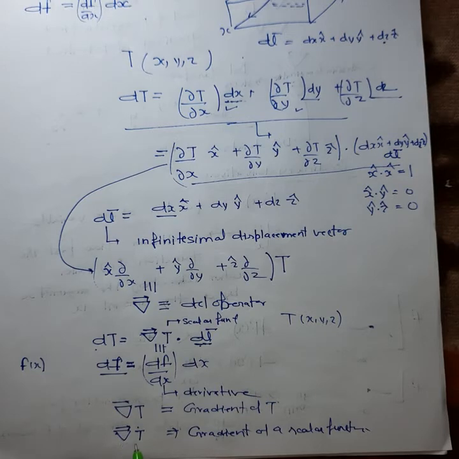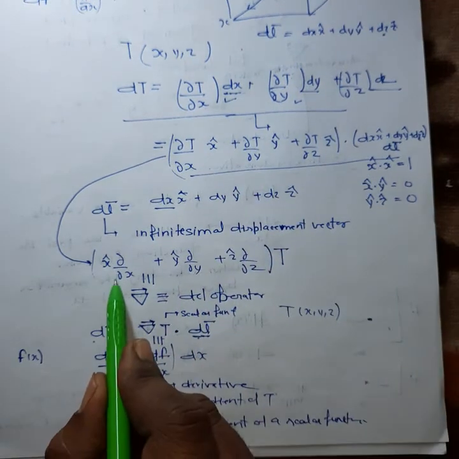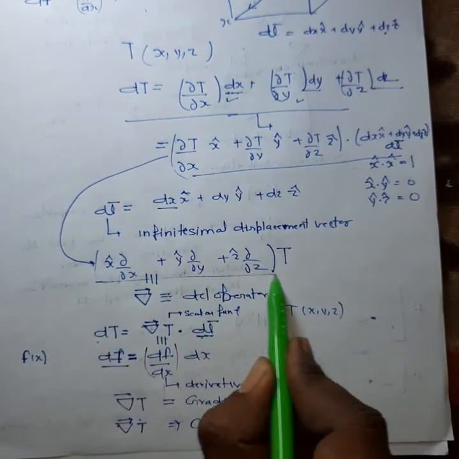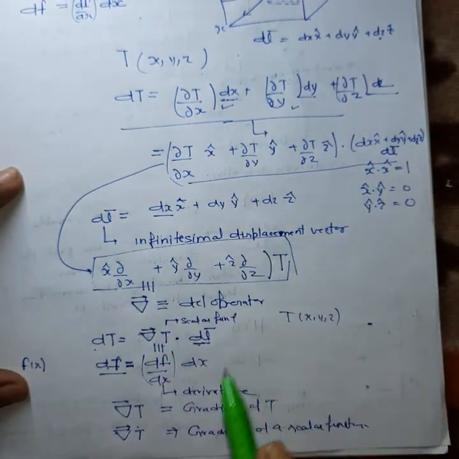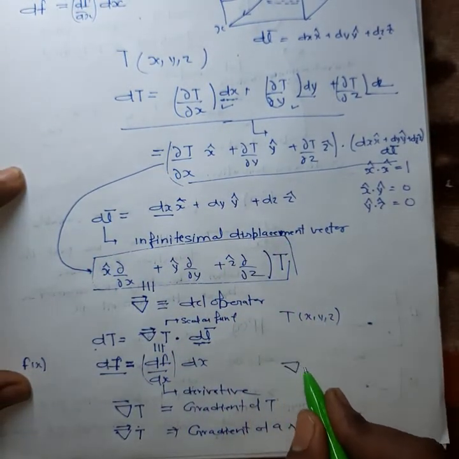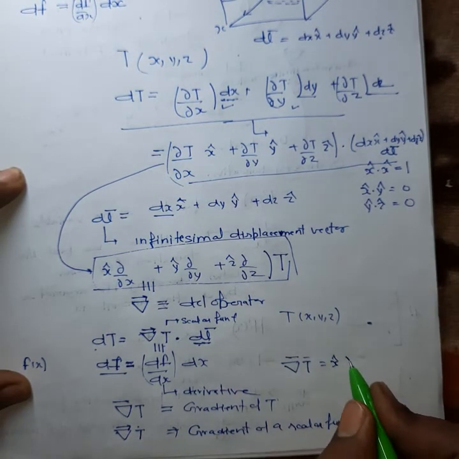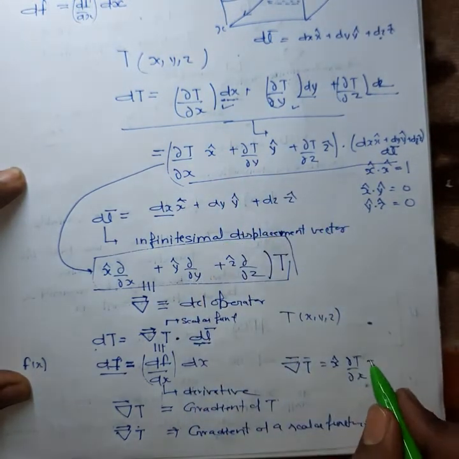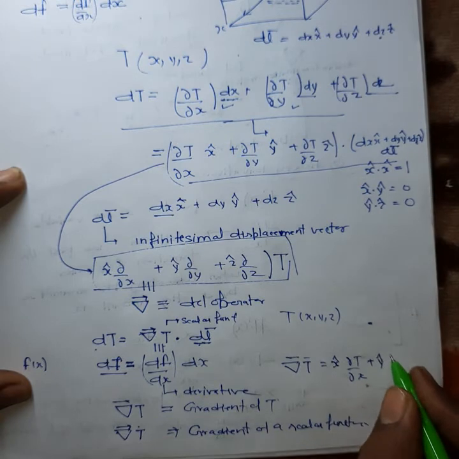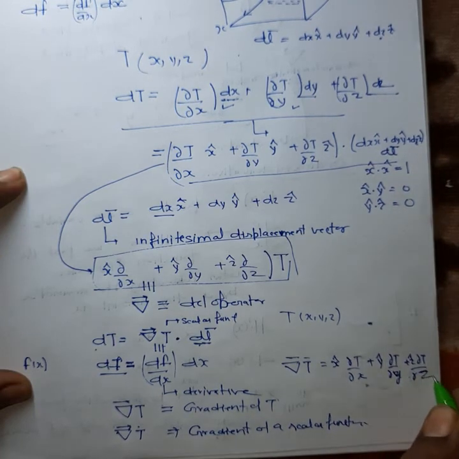When we take the gradient of T, it is defined as this term. So the gradient of T is a vector function, that is, x cap del T by del x, y cap del T by del y, z cap del T by del z.